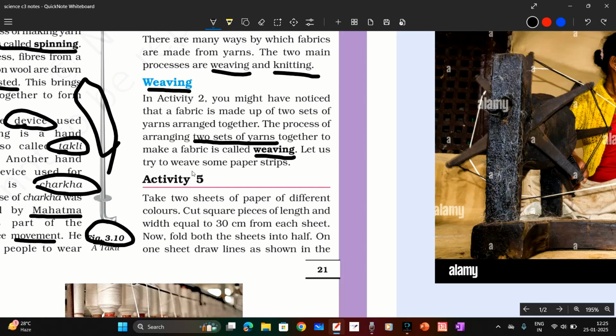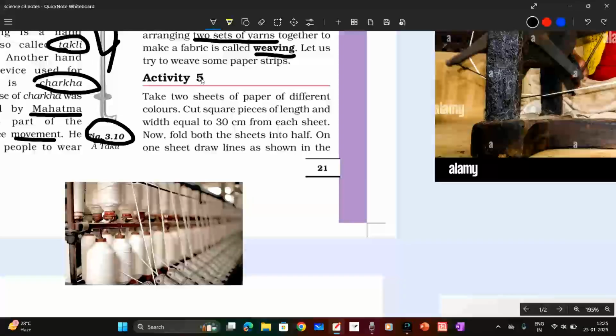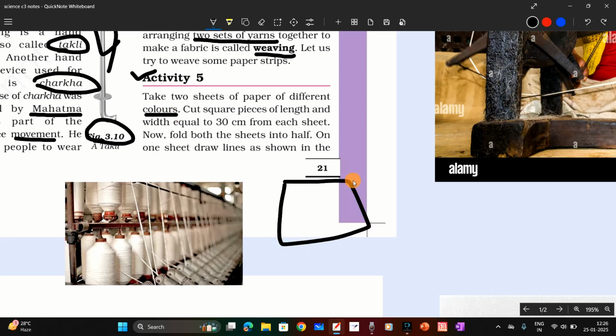Let us try to weave some paper strips. We'll do an activity here to see how weaving is made. Go through Activity 5. Take two strips of paper of different colors, one and two.